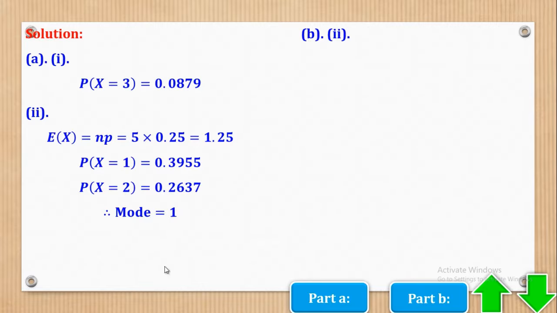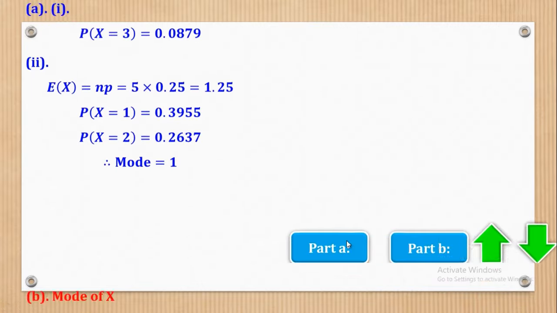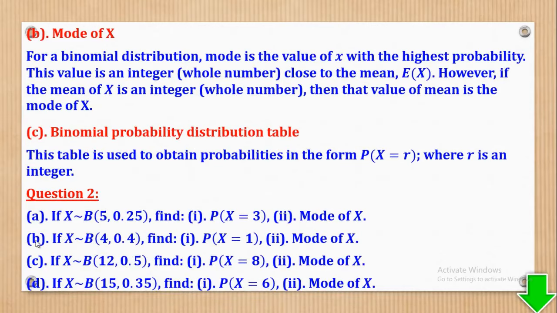So that was part A. Now part B says that if x is binomially distributed with n equal to 4 and p equal to 0.4, find Roman 1, the probability of x equal to 1, and Roman 2, the mode of x. So we know that n is 4 and p is 0.4, then r is 1.